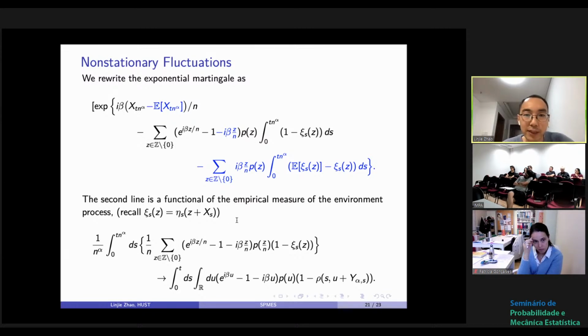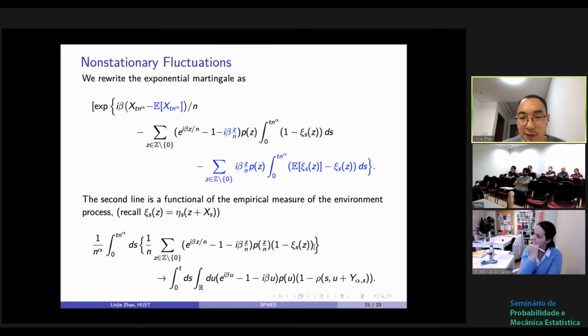So if we write pz as pz over n of 1 plus n to alpha plus 1, then we have the following formula. And for this formula, we see that the term inside the brace is just the empirical measure of the environmental process.